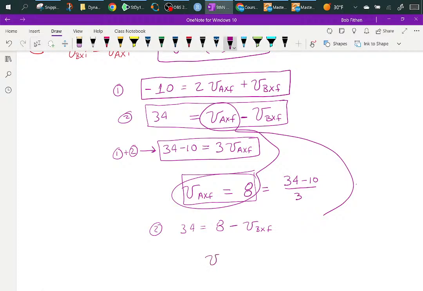And so VBXF, moving this to that side and this to over here, is 8 minus 34. Just simple math. I'm going to do the same thing.